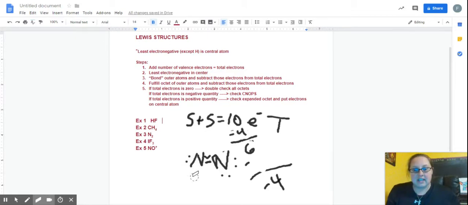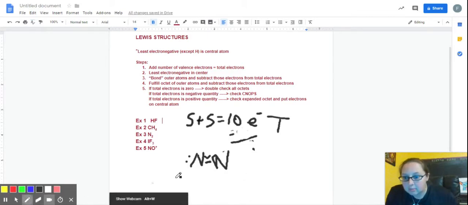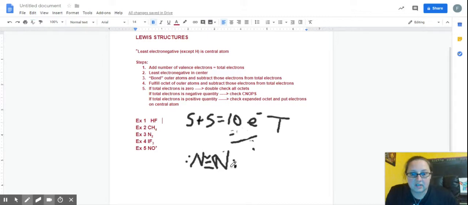If I try yet another bond, then that means I will use 6 here. So let me get my pen to work that. So 6 electrons in my bonding. That means I have 4 left over, and those 4 are going to go on the outer edges to fulfill both nitrogens' octets.